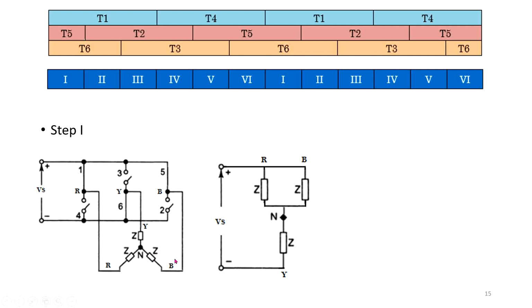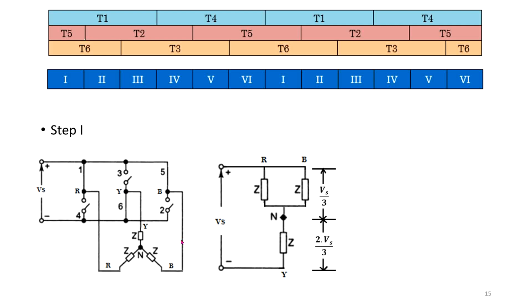You know that in this kind of connection, R and B with respect to neutral they are in parallel, and it is in series with this Y connection. If we take the resultant of these two, this is our VS, and if we apply a voltage division rule.